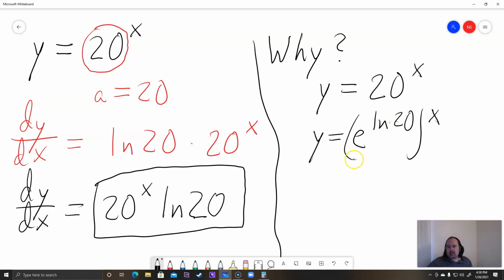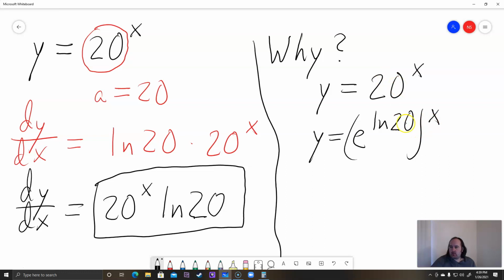Now, why is e to the ln of 20 the same as 20? Well, I don't know if you remember this from pre-calculus, but this is one of the formulas for natural logs in pre-calculus. E and natural log are inverse functions, so you compose them with one another and they cancel out. So e and ln just cancel out and give you 20.